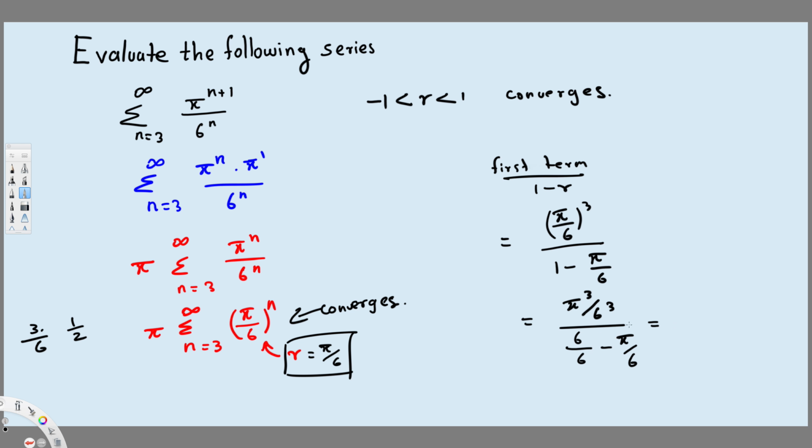If you solve this, this is 5 cube over 6 cube divided by (6 minus 5) over 6. And 6 and 6 cube can be cancelled, and that will give us 6 square right here.